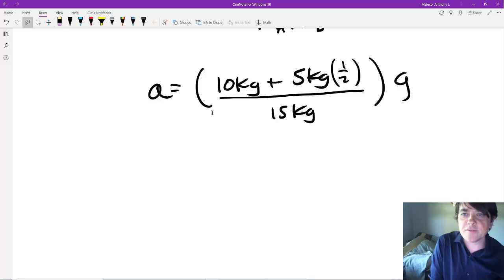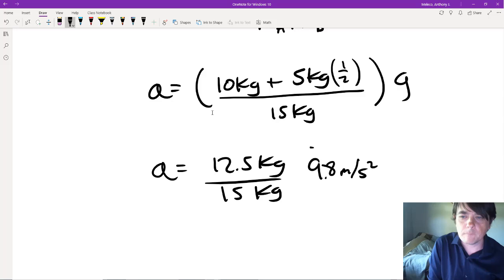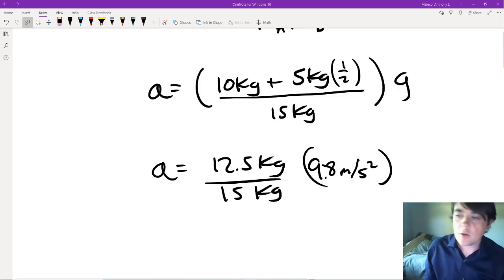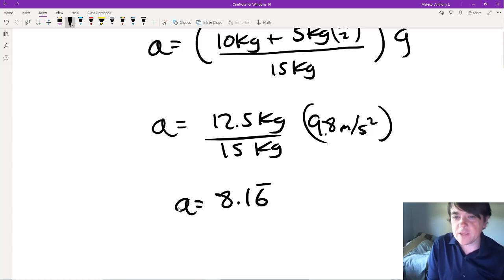So 5 times 1/2 is 2.5. So that's a equals 12.5 kilograms over 15 kilograms times g, and this is 9.8. And so if we do the math on this, we get that a equals 8.16 repeating meters per second squared. Great.